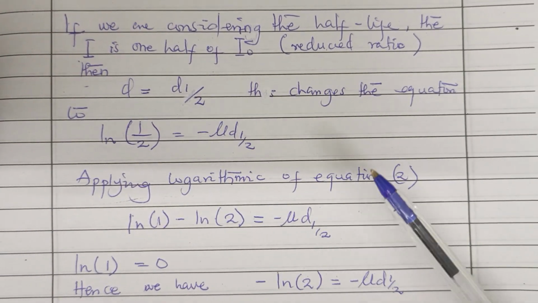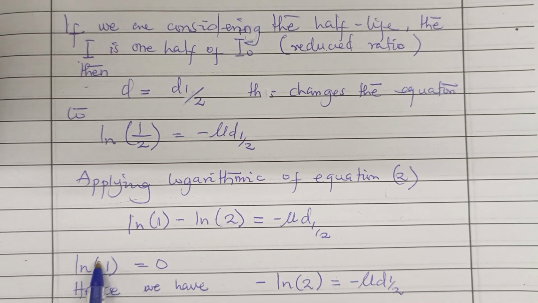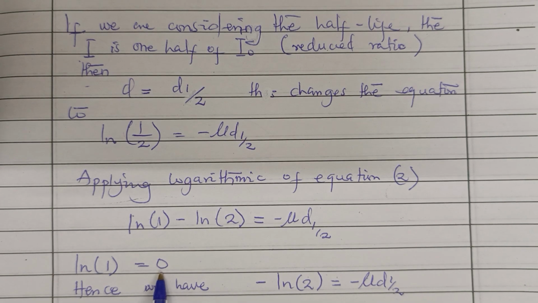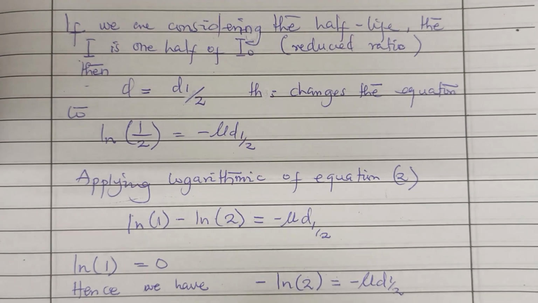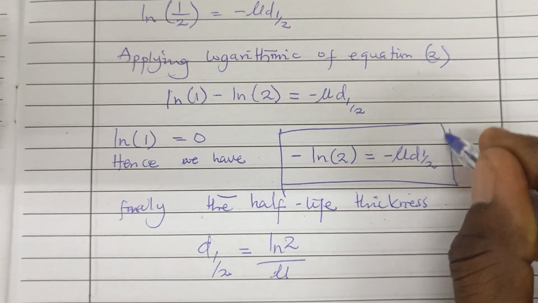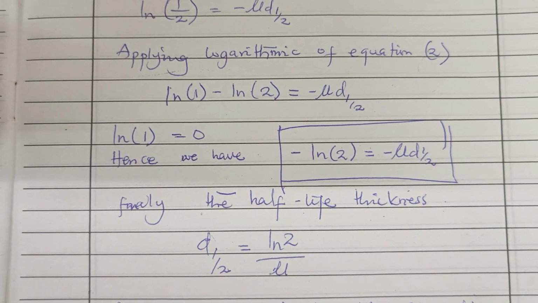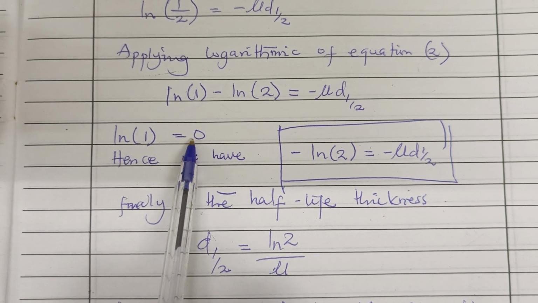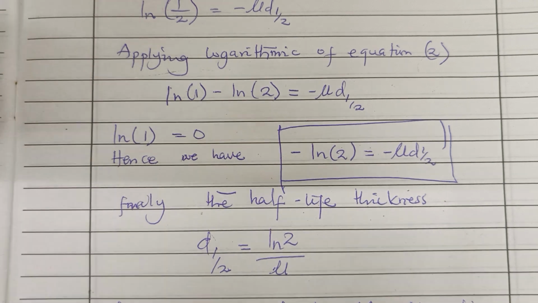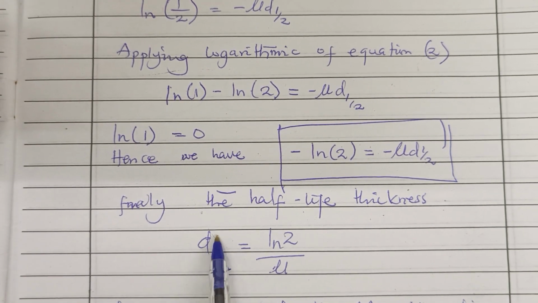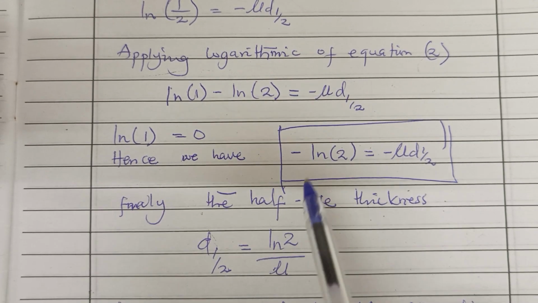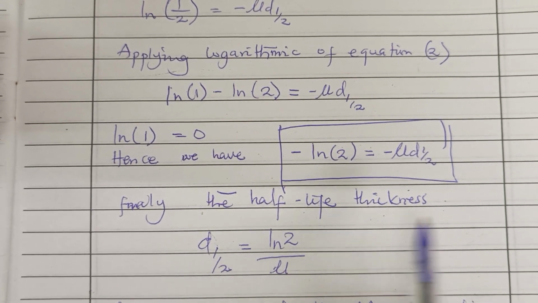Now, further applying log to it, our ln 1 goes to 0, and then we'll be left with this expression. Making D half the subject gives us ln 2 over the absorption coefficient.